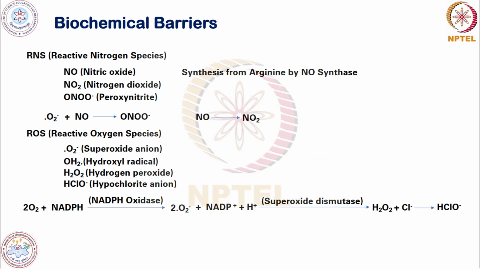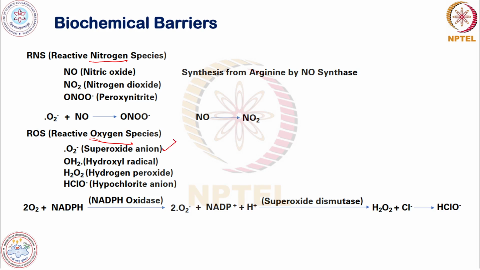Next is the biochemical barrier, which consists of reactive nitrogen species and reactive oxygen species. These are highly reactive molecules, and they can destroy pathogens. There are some types of reactive oxygen species.